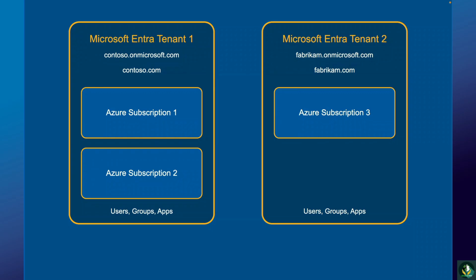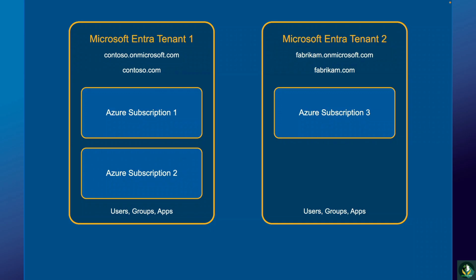Some words about the tenant-subscription relationship. An Azure subscription must be associated with one and only one Microsoft Entra tenant at any given time. One subscription, one tenant. This association allows granting permissions to Azure resources to users, groups, and applications in that specific Microsoft Entra tenant.